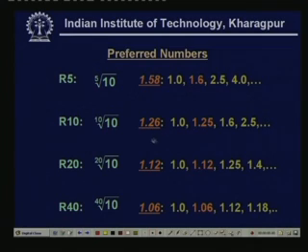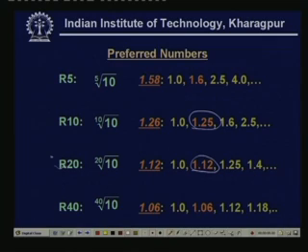So if I design something which requires, say, 1.1 and you are considering this series, you know that you won't get anything like 1.1. So you have to buy 1.25, or you can search for this series if the product is being made as per this series.